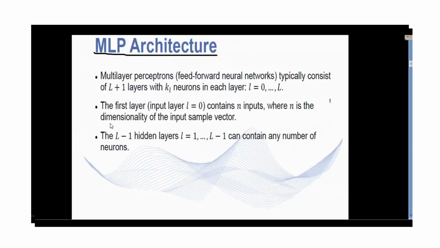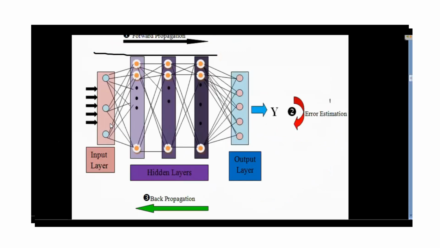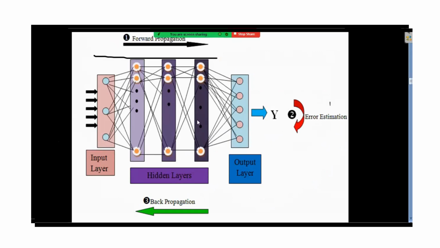Now, let us see the multi-layer perceptron architecture. What we see in this diagram is that we have an input layer. These are your inputs, x1 to xn.